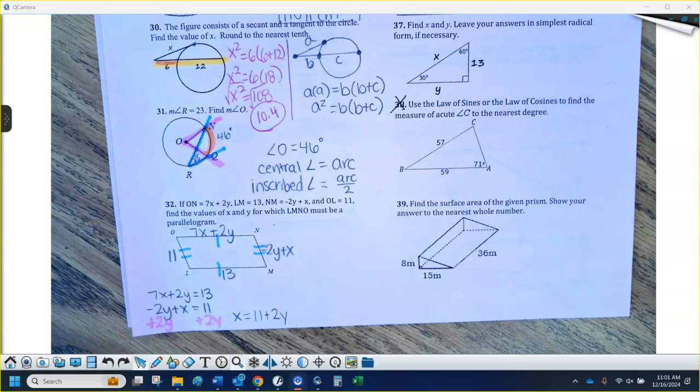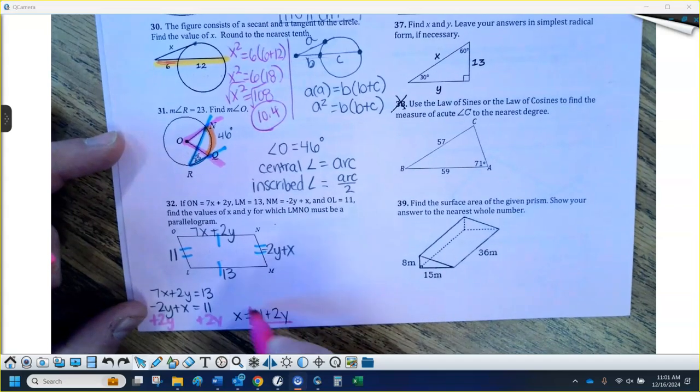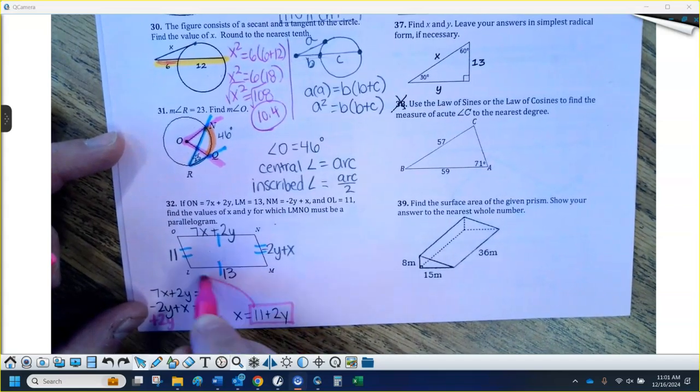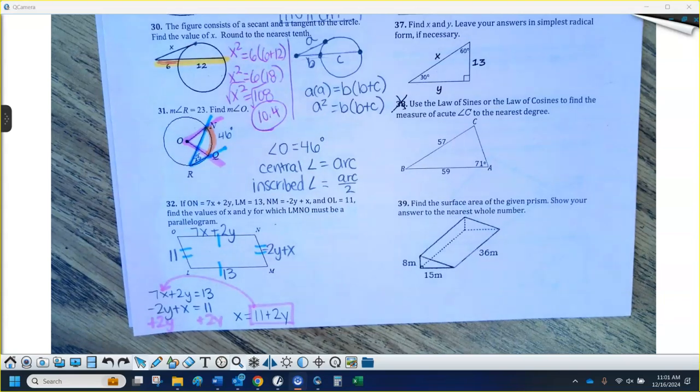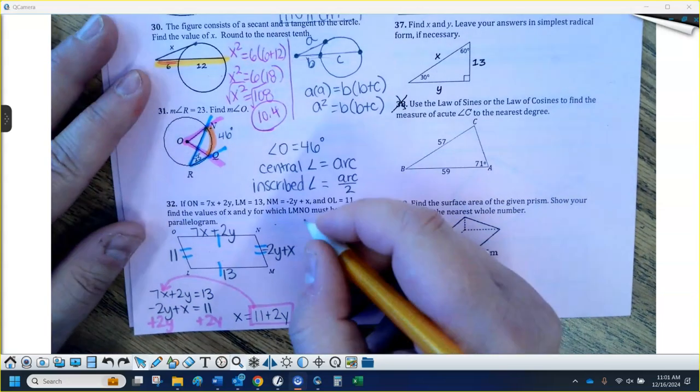And then what we can do is we can take this and substitute that in for x in the other equation. If we do that, that creates an equation that only has one variable, and then we can actually solve for it. So I'm going to come write it over here.